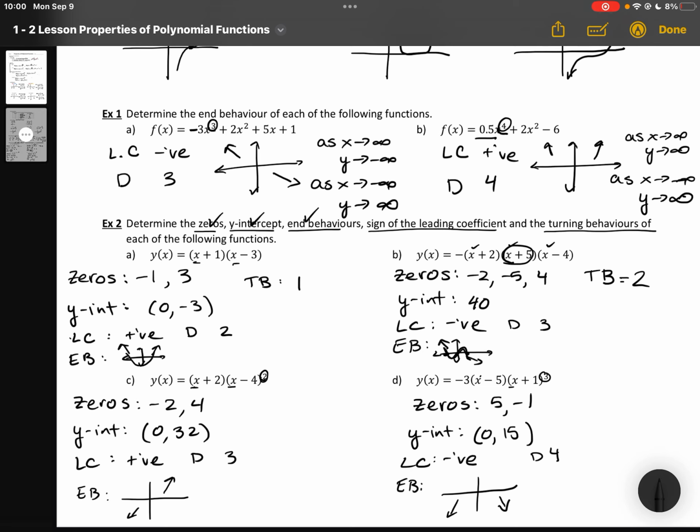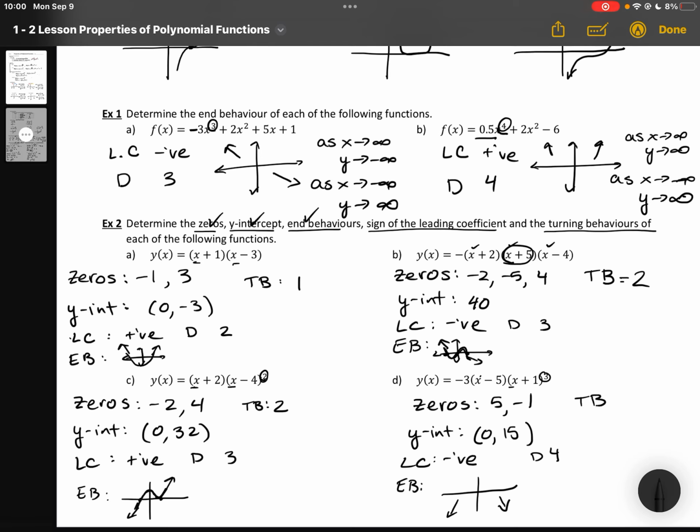Down here for C, I've got zeros at -2 and +4. Now the one at +4 is a double root, so that means that my sketch crosses through at -2 and then touches and then goes back up. So I still have 2 turning points here. I've still changed direction twice, even though I didn't go through the x-axis on the second one.